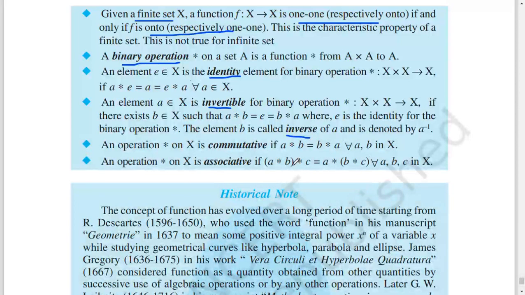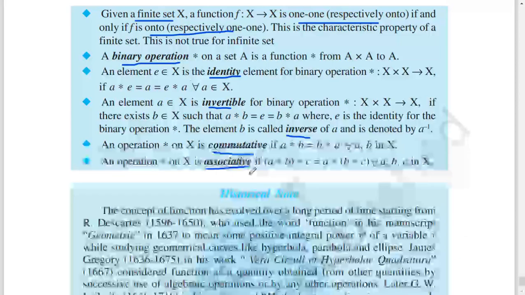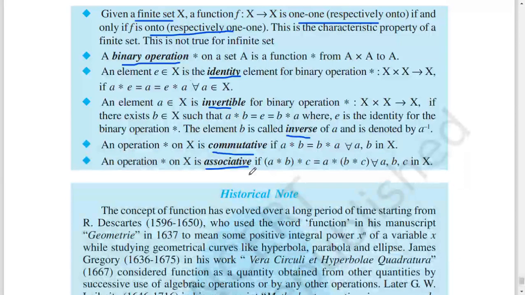An operation * on X is commutative if a * b = b * a for all a, b in X. An operation * on X is associative if (a * b) * c = a * (b * c) for all a, b, c in X.